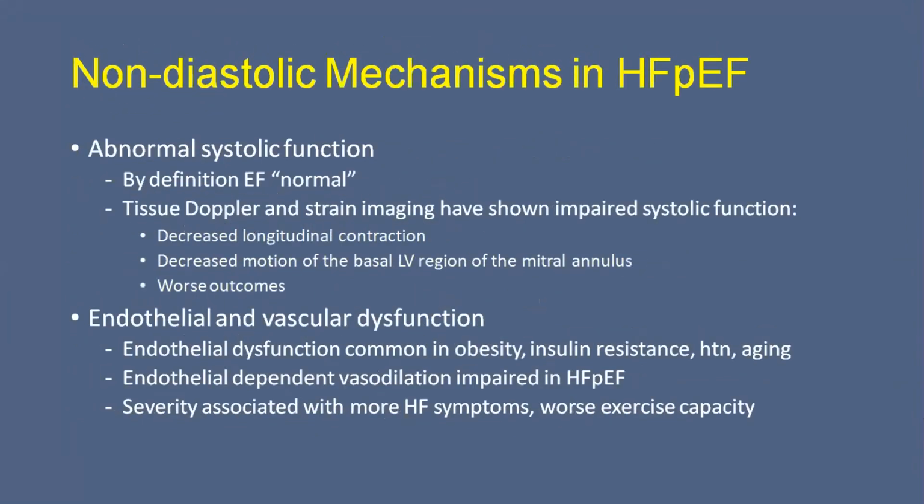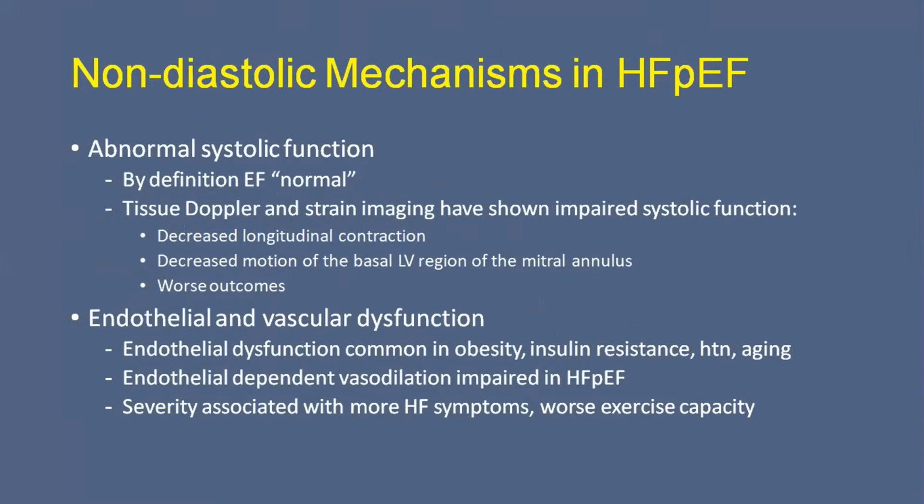So the non-diastolic mechanisms in heart failure with preserved ejection fraction. The first and foremost is abnormal systolic function. By definition, EF is normal, but tissue Doppler and strain imaging have shown impaired systolic function: decreased longitudinal contraction, and decreased motion of the basal left ventricular region of the mitral annulus.